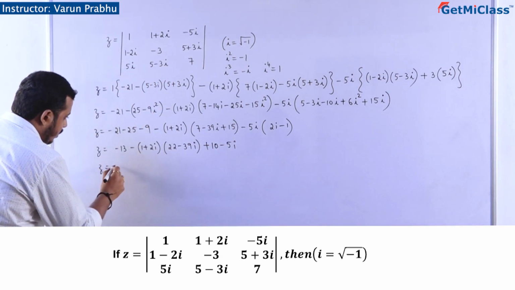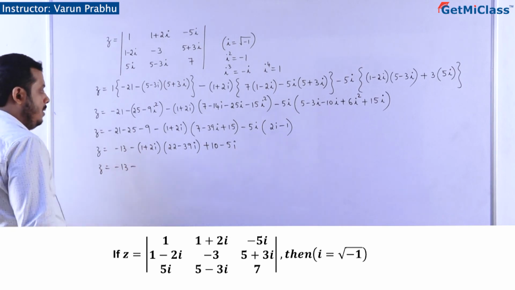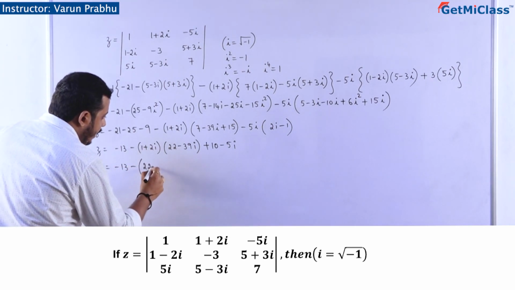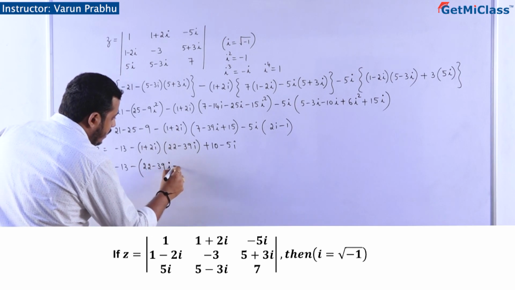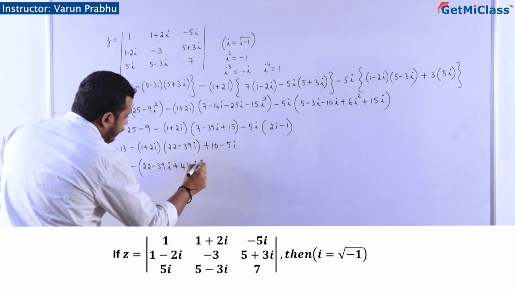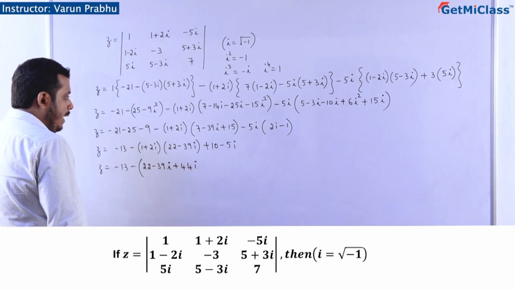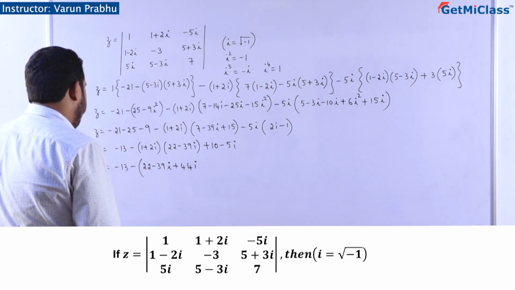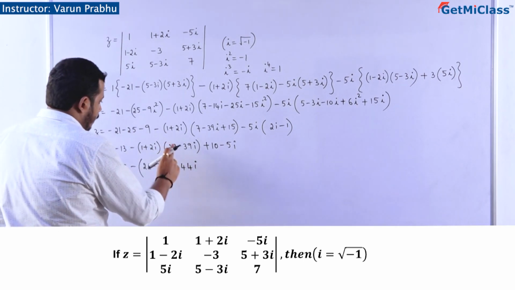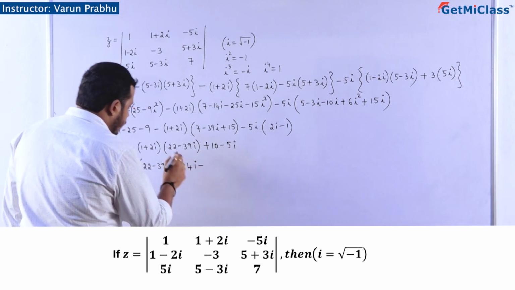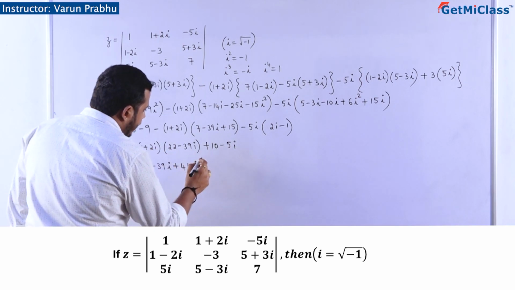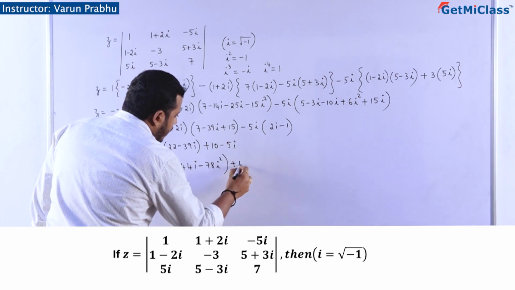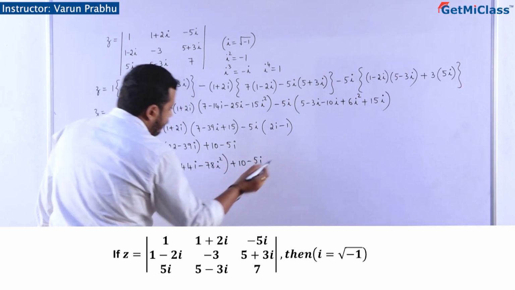So Z is equal to minus 13 minus of 1 into 22 will be 22 minus 39i plus 44i, minus of 39 into 2 will be 78i square, plus 10 minus 5i.